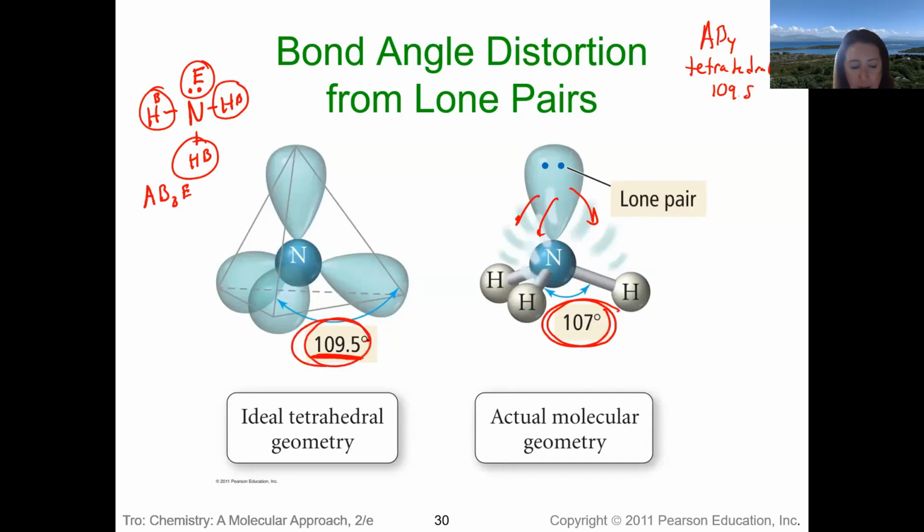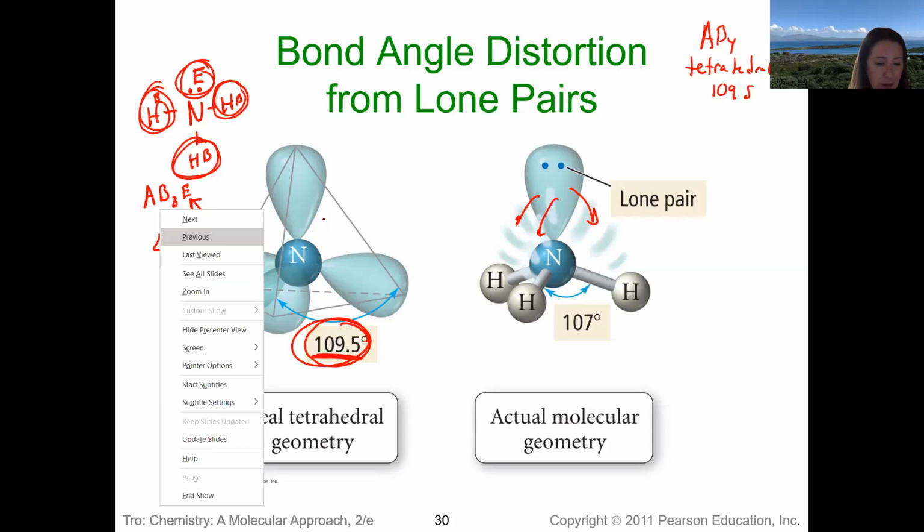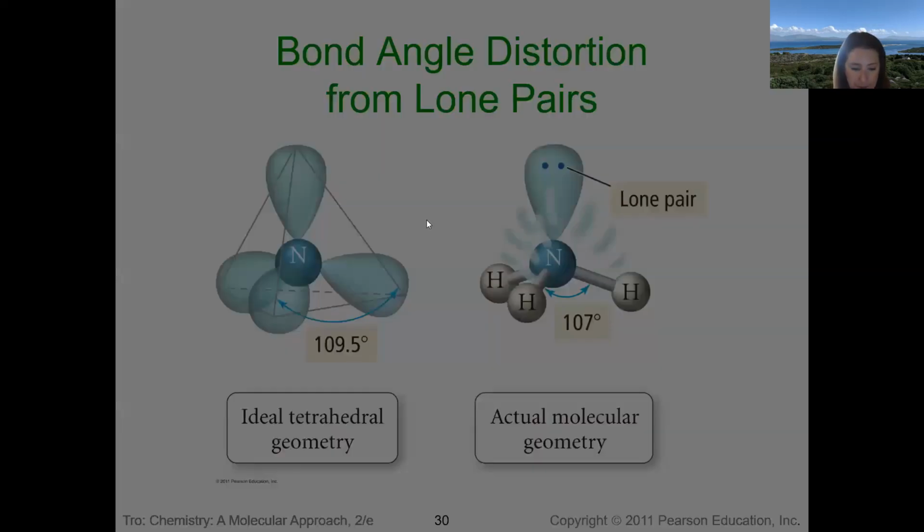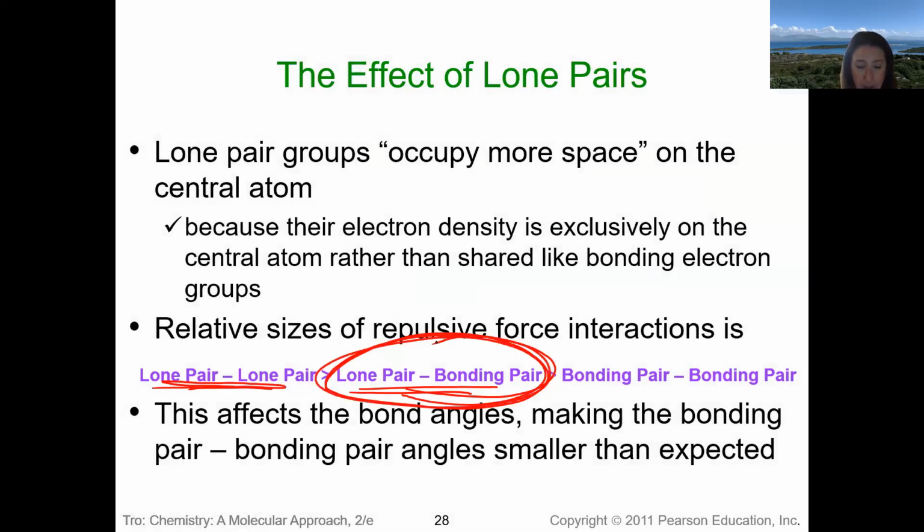So instead of being 109, they're actually closer to 107 because the lone pairs are taking up more space. So when we have an AB3E, there's still 4 things, but since one of them is now an E, the bond angle is just less than 109.5. Do you have to remember? No, just less than is perfectly fine. Okay, so that was a lone pair, bonding pair.